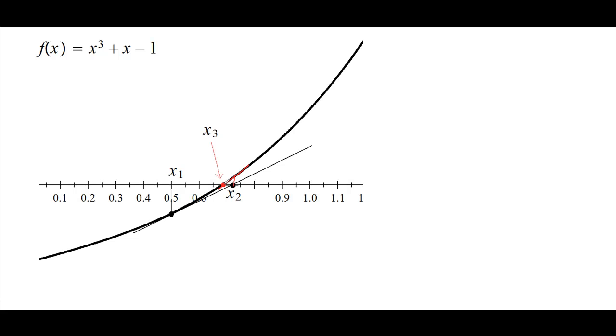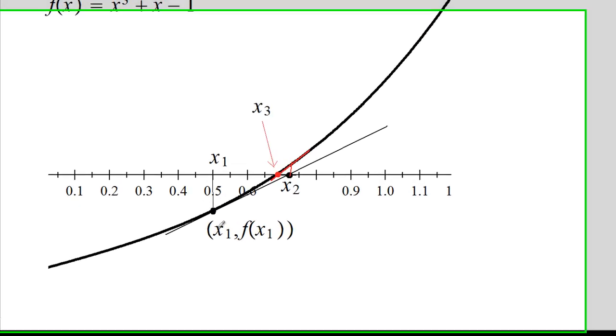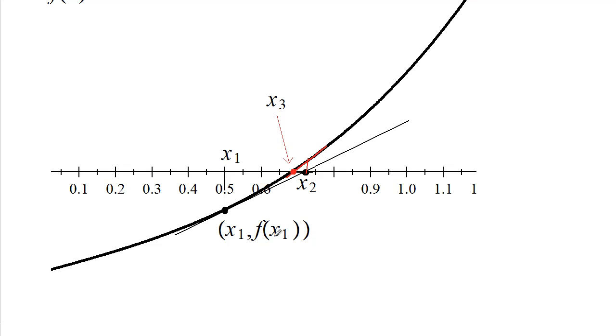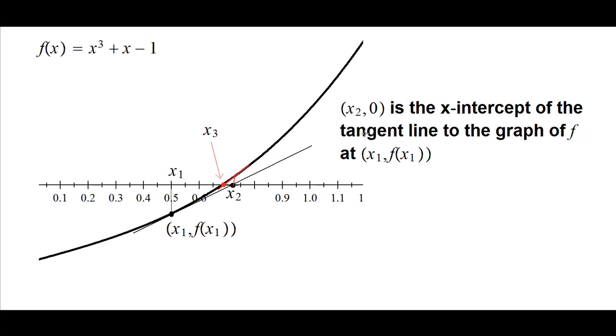So our scheme is this: if we draw the tangent line at (x1, f(x1)) to the graph of f, then its x-intercept is x2. Then we repeat the process at (x2, f(x2)), and the x-intercept is x3.